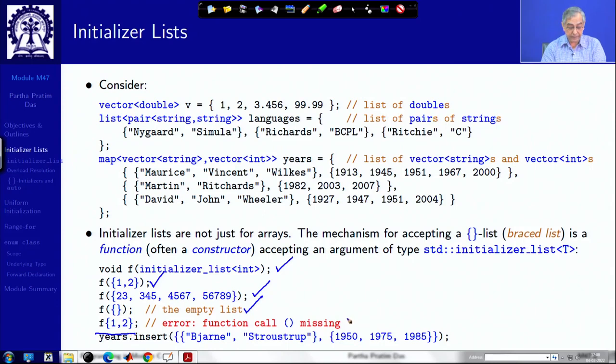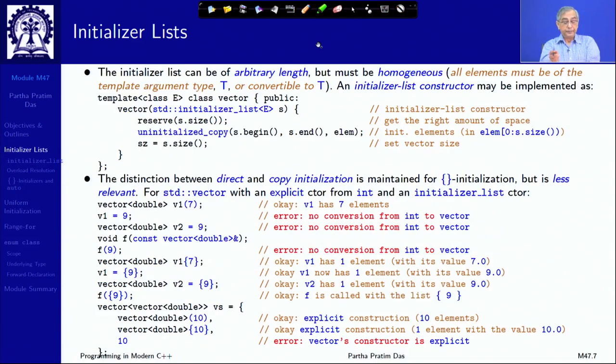This is missing. You can use it, say, in insert, as we did earlier. For example, for this vector map I can do an insert of this form. So, that is what the initializer list is about.